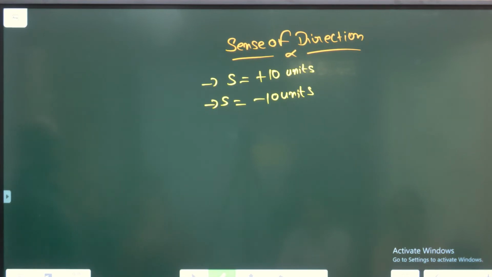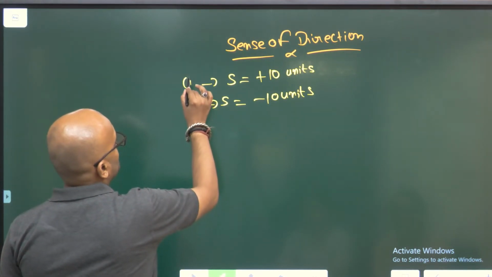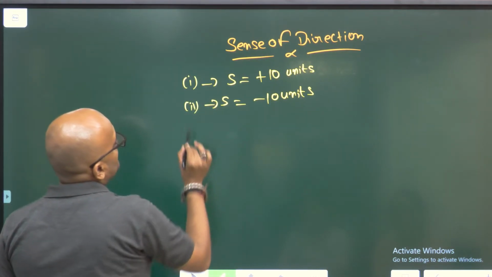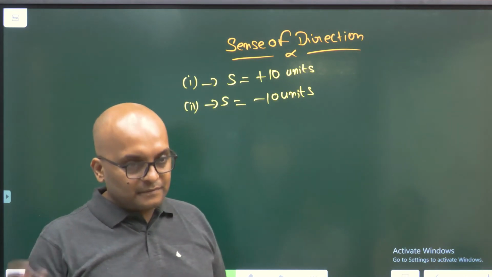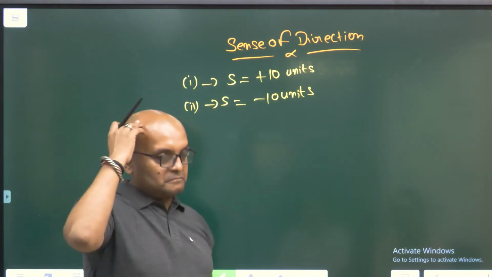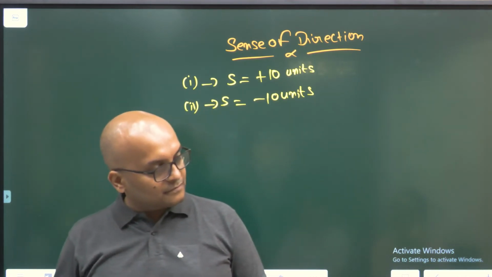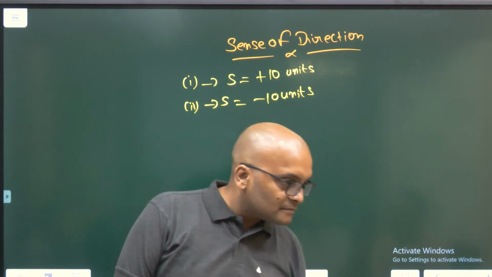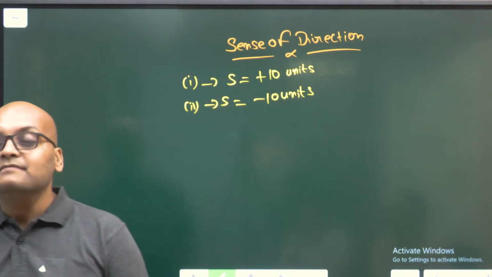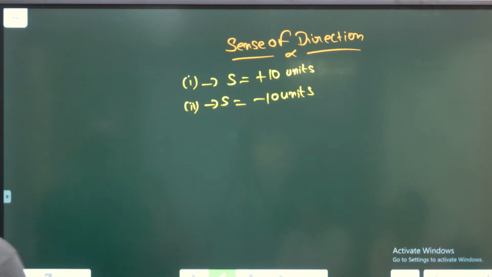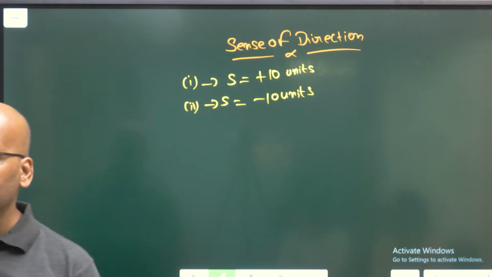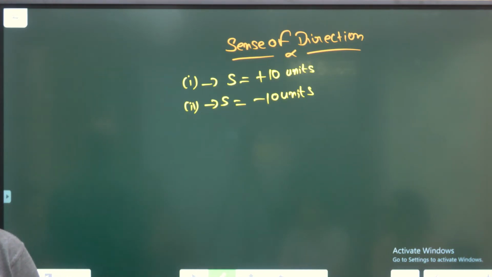Forward in the first and backward in the second, because it may be x along y. Where is the direction? They only wrote the unit, they did not give direction.